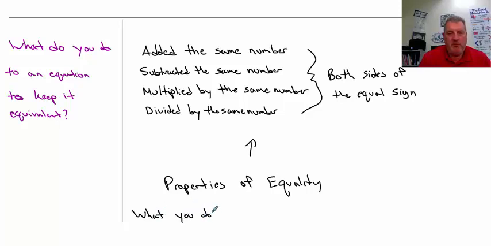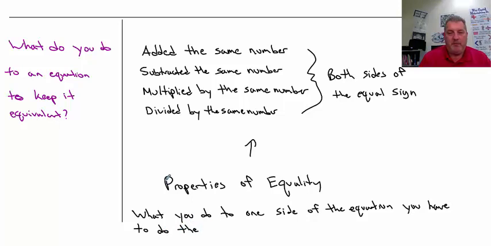What you do to one side of the hanger, or in this case of the equation, right? You have to do the same on the other side. And if you want to write that some way in your own words so that you understand it, that's fine. What you do to one side, you do to the other side.